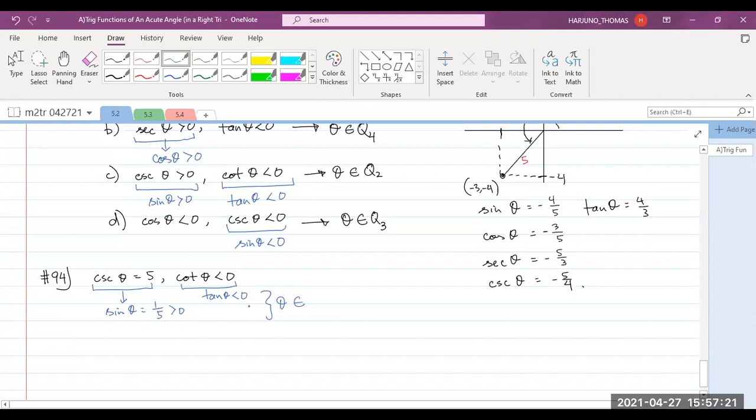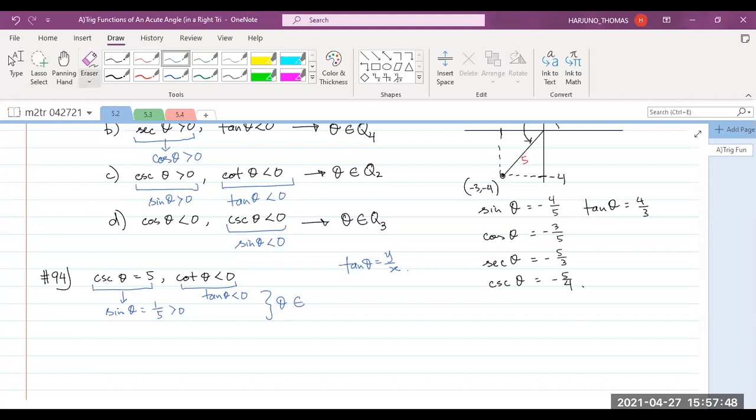The y is positive, but the ratio of x and y is negative. Yeah, because tangent theta is y over x, right? So if tangent theta is negative, means they have opposite sign. If they have opposite sign, it must be either quadrant 2 or quadrant 4. But the sine, which is y over r, y in this case is positive.